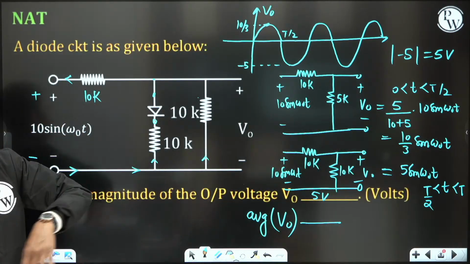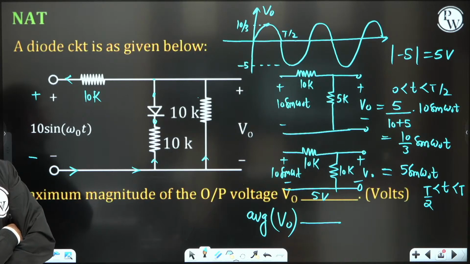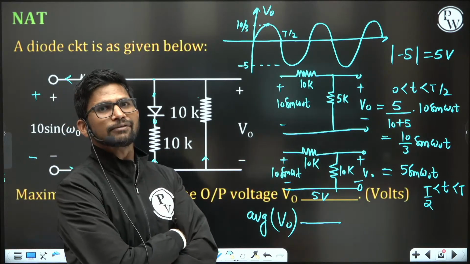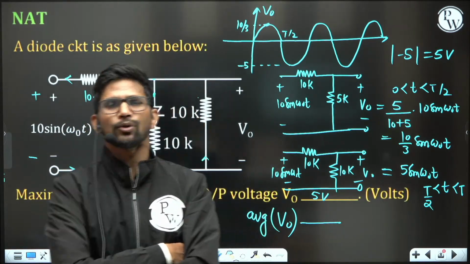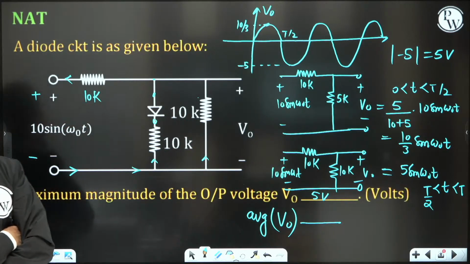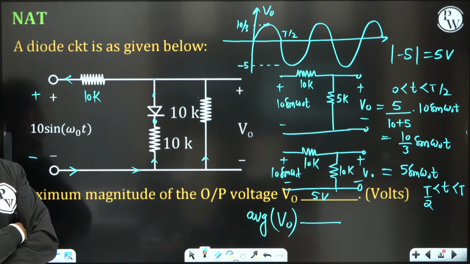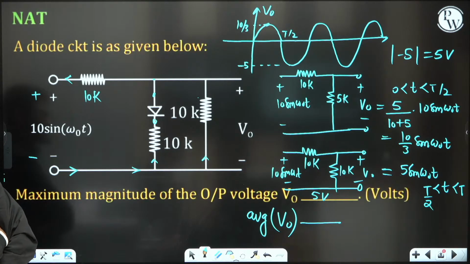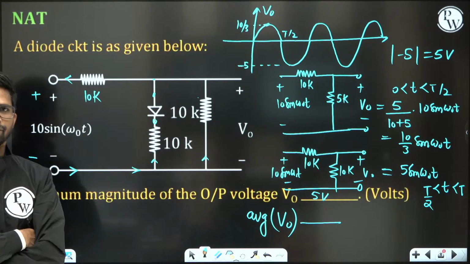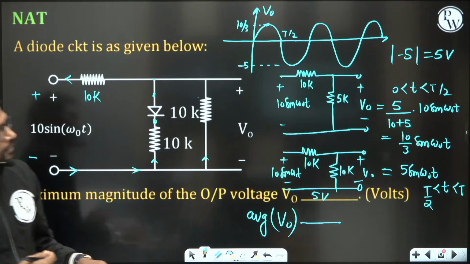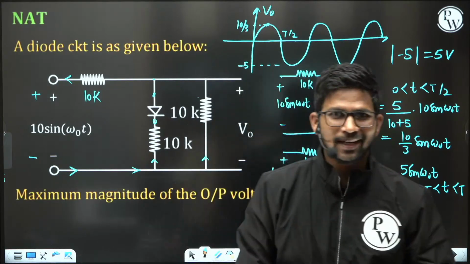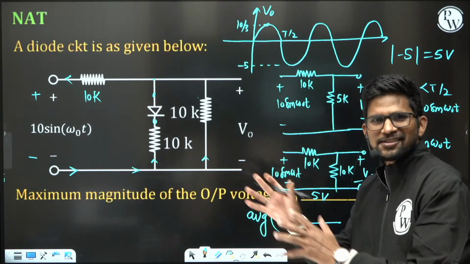So what is the average value of V naught? If in the question it is asked, what is the average value of V naught, what will be your answer? Please tell me the answer. Average value of V naught. Somebody is going to calculate it like this, with integration.